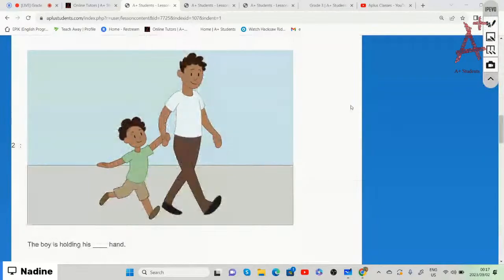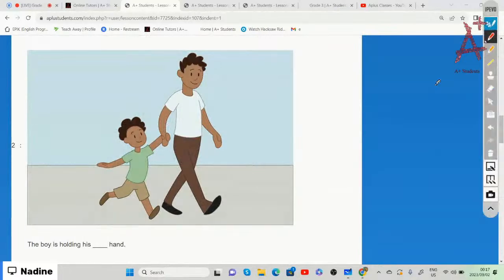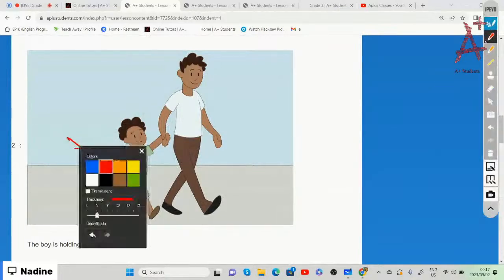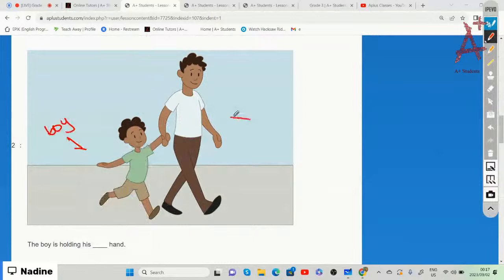All right. So if we look at the picture, here we have a boy, and here we have his dad. Either dad or father, depending on how you address your dad, right? So we then say the boy is holding, is it his dad's hand or his father's hand? It can even be his brother. We never know.